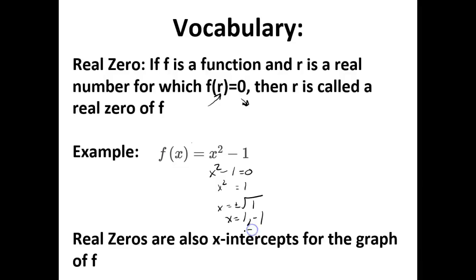Those are the two real zeros of f, which also happen to be the x-intercepts for the graph. So if you find the real zeros, these are the x-intercepts, where you get out a value of 0. So same thing. Real zeros and x-intercepts are the same thing.